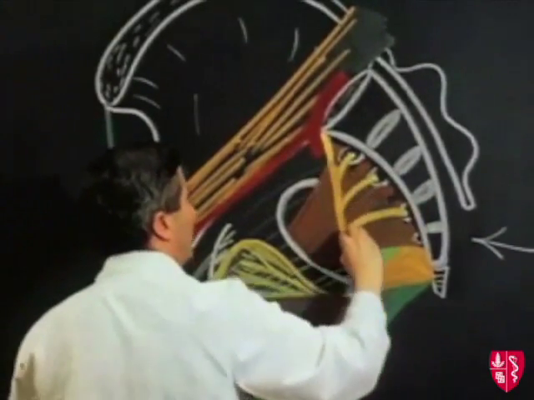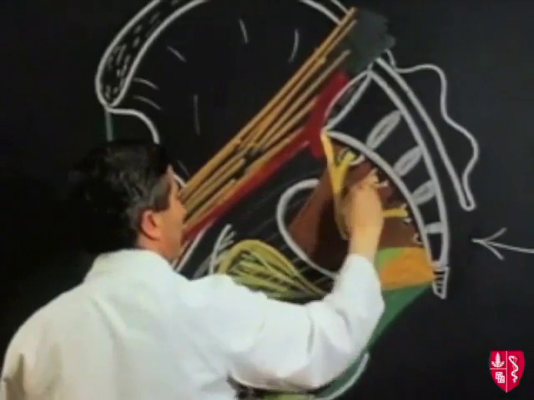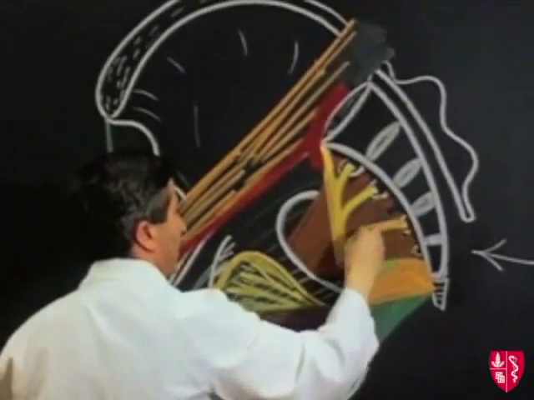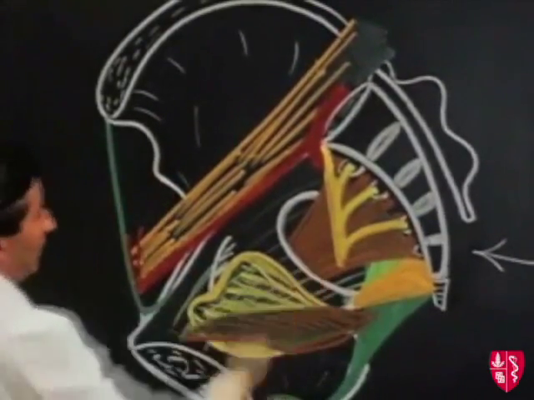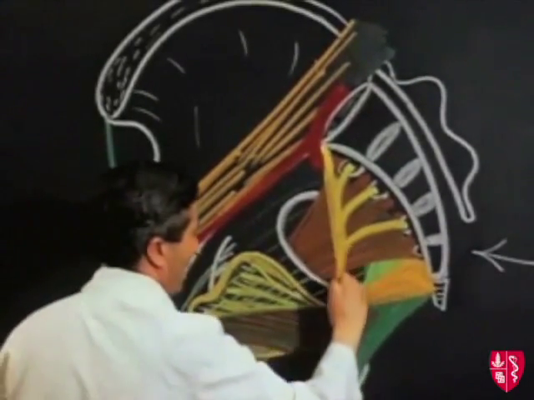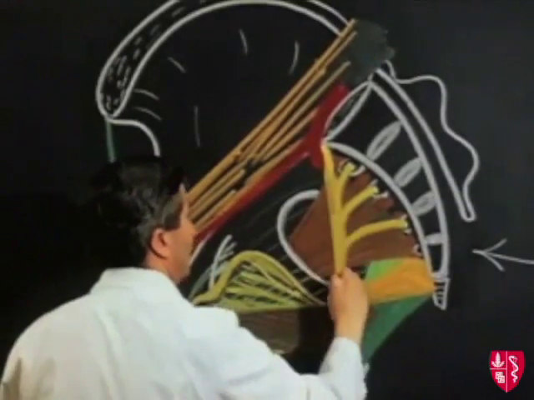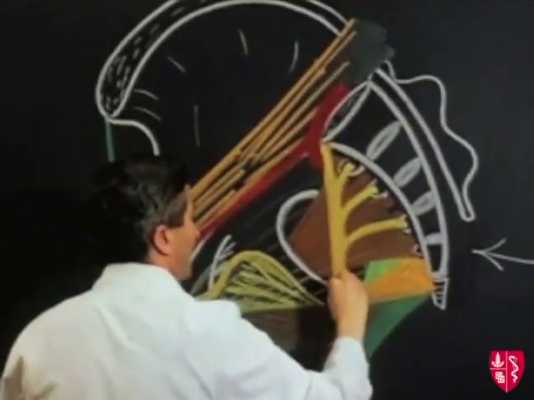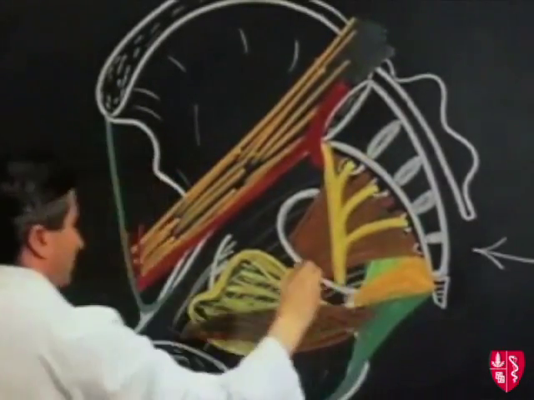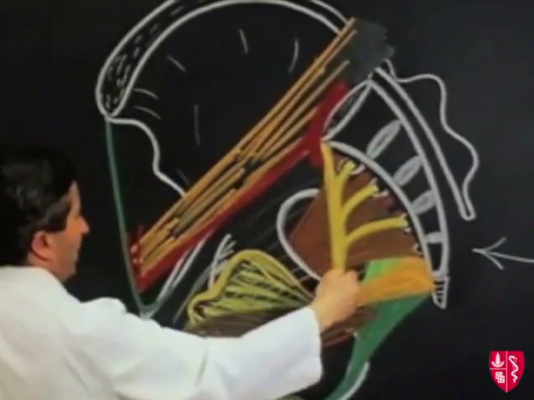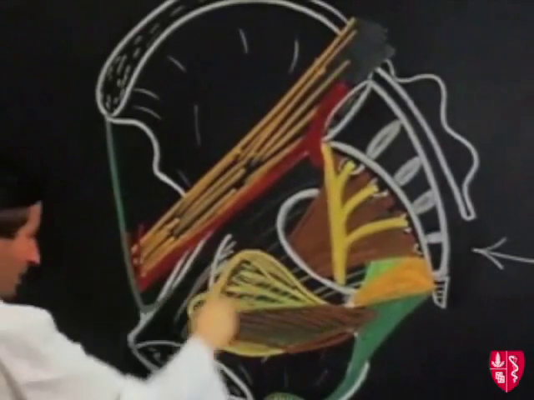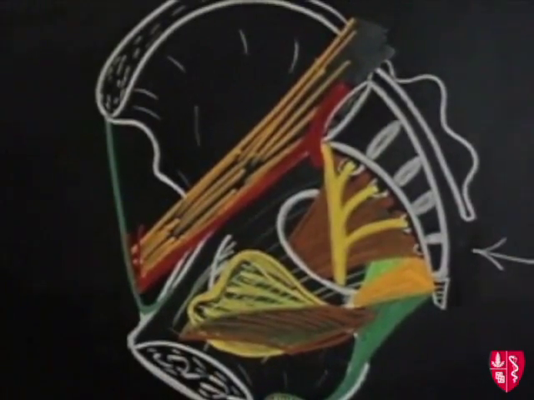So we have L4, 5, S1, 2, and 3 forming a very large nerve here, known as the sciatic nerve, which will disappear from the pelvis very quickly by passing through the lower part of the greater sciatic foramen, beneath the lower margin of the piriformis and entering the gluteal region.